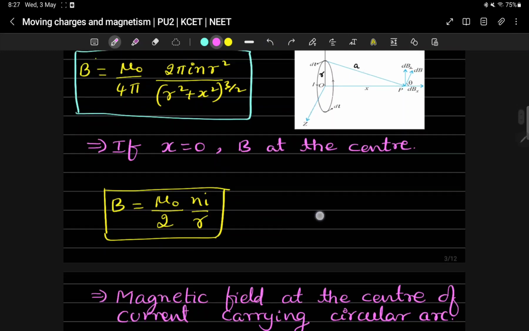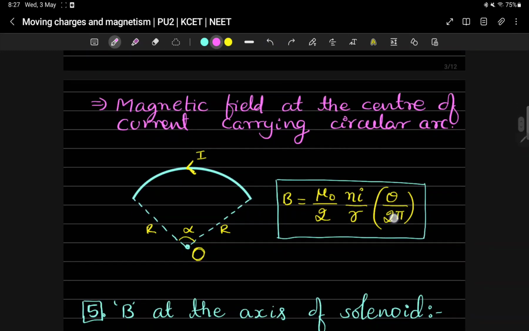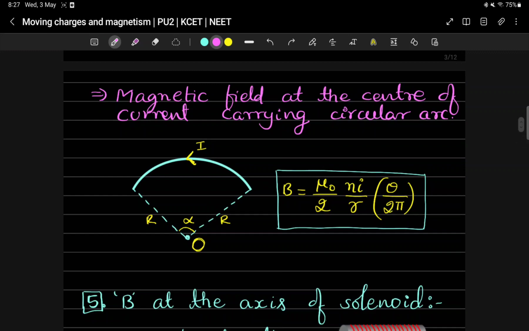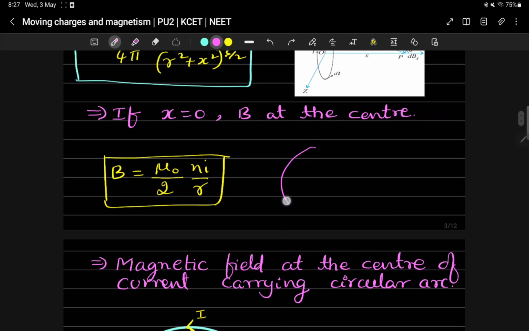So you get this. Next we have, if the conductor is bent into an arc, the magnetic field at the center of the current carrying circular arc. Okay, see, if you have a circle like this, the magnetic field is this one. If we consider only part of that circle, only this much, you have to consider this angle theta.